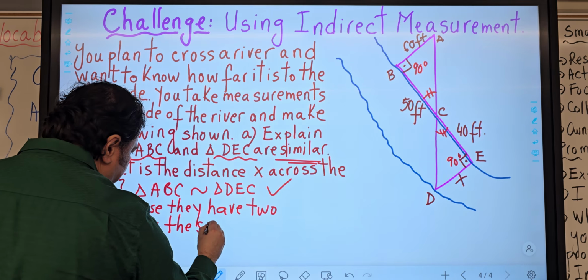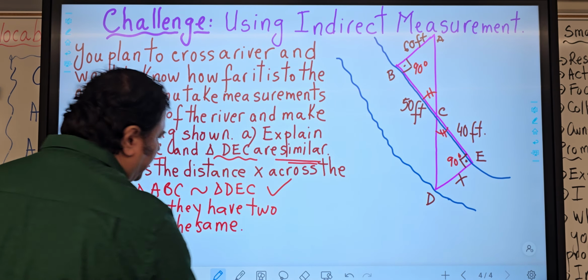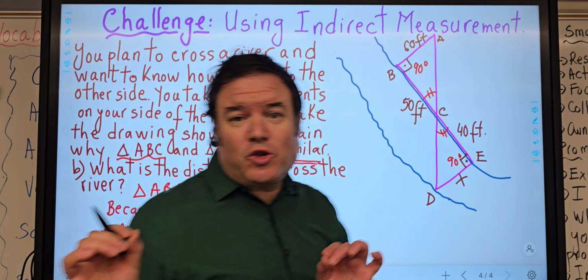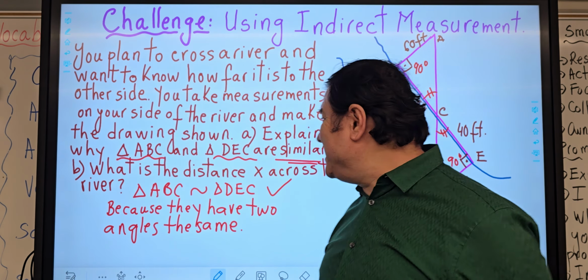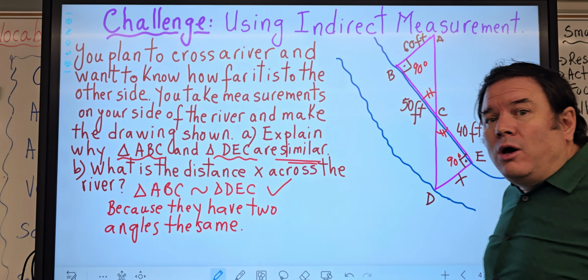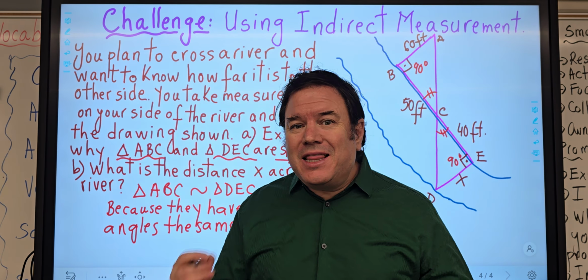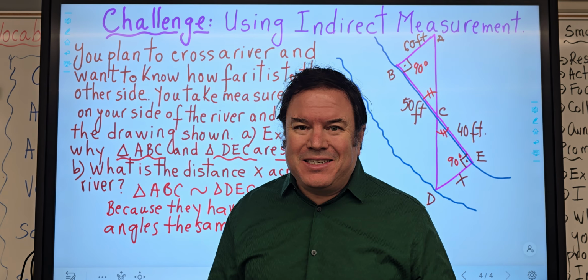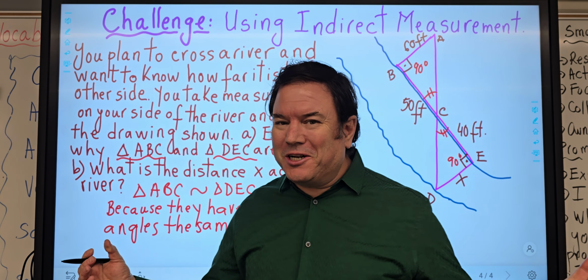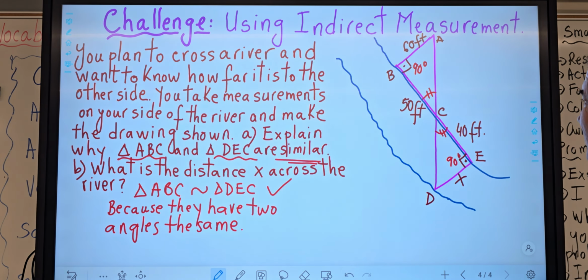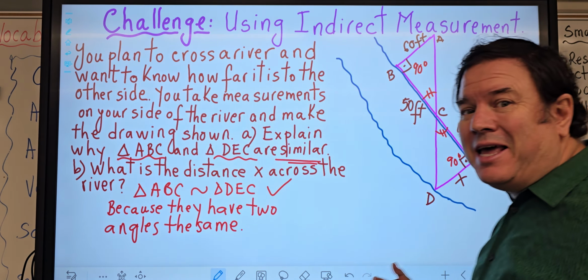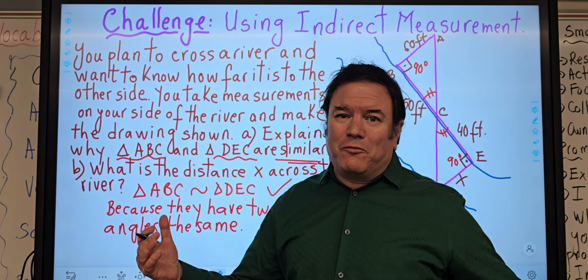And now because both triangles have two angles the same, their corresponding sides must be proportional. So let's take a look at some corresponding sides and set up a proportion and then solve for x.